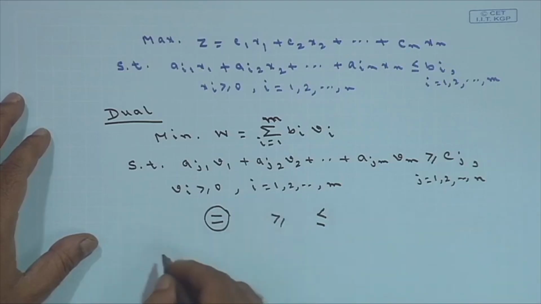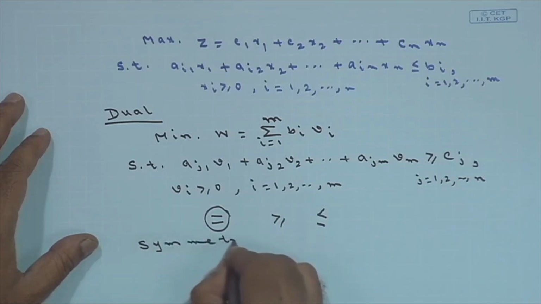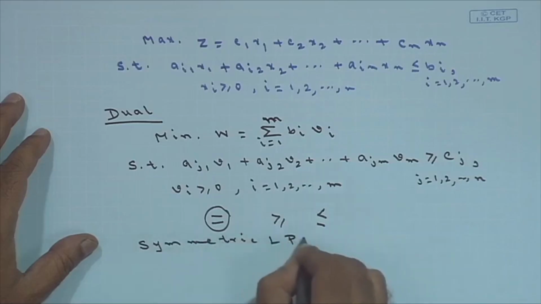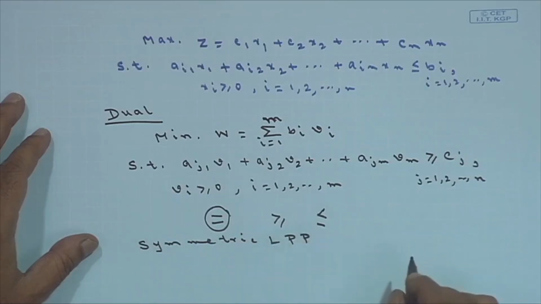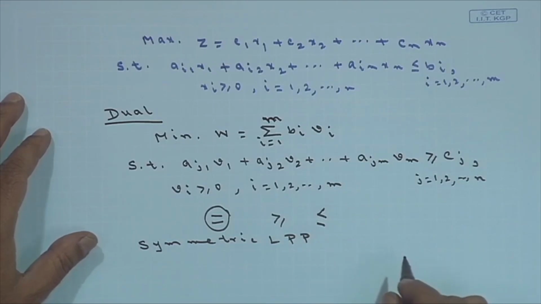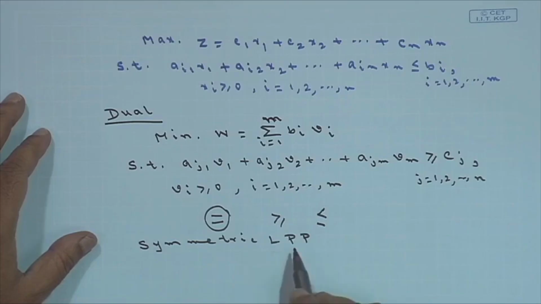Please note that this primal and dual problem, consisting of constraints with inequalities, are always called symmetric LPP.